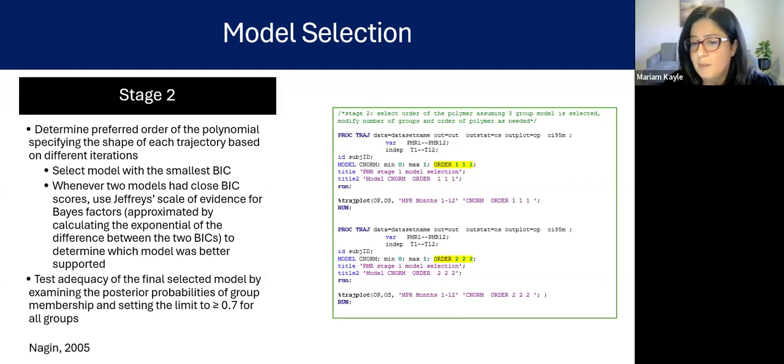So once the graphs come out, not only do we rely on those different fit indices, but also on the theoretical interpretability of the data, and do the trajectories in the graph make sense and can they be interpreted from a clinical perspective. So it's kind of an art and a science at the same time.